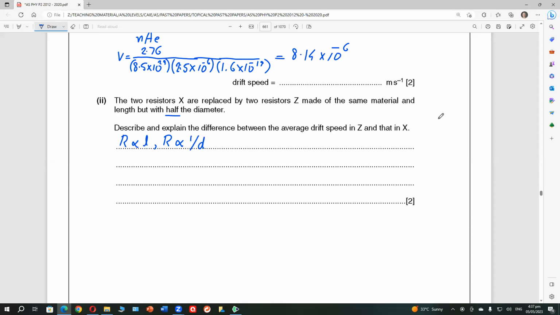The two resistors X are replaced by two resistors Z made of the same material and length. Length is the same, but half the diameter. So resistance will be doubled, or rather four times more. The length is the same, and in the diameter case the ratio comes in a square.